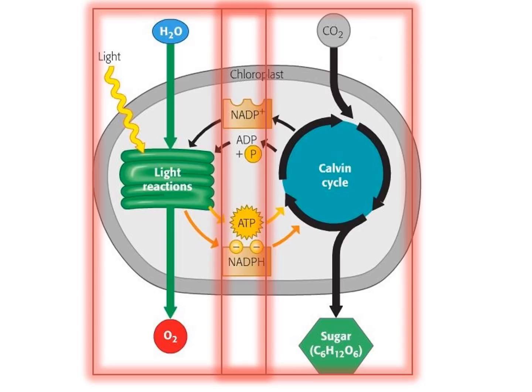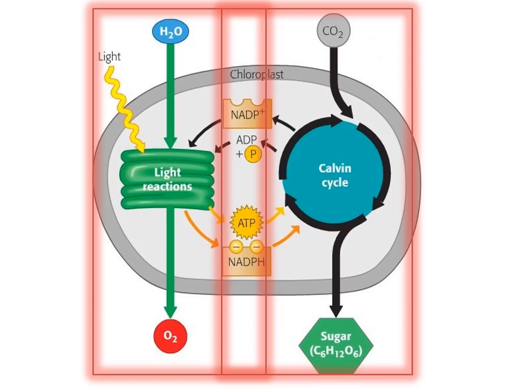There are 2 separate processes on the left and right, which are light reactions and the Calvin cycle. All of the processes are within the chloroplast structure.